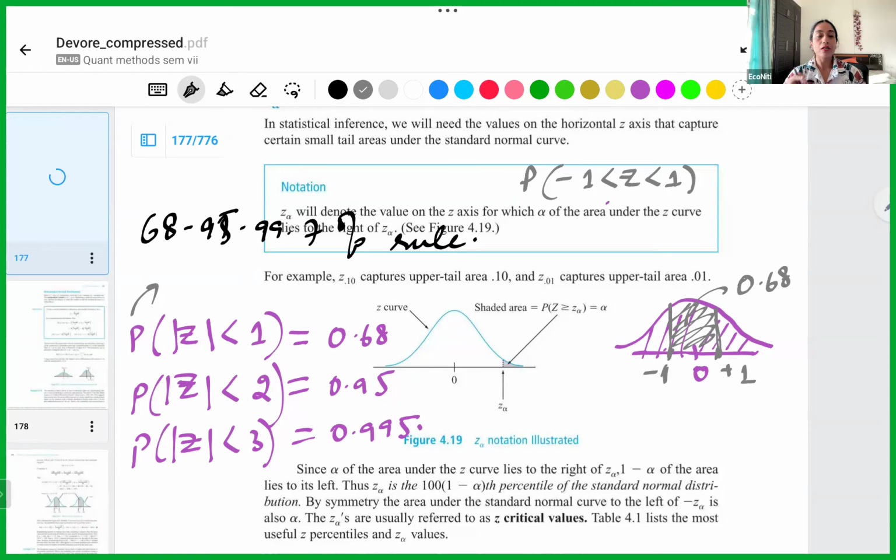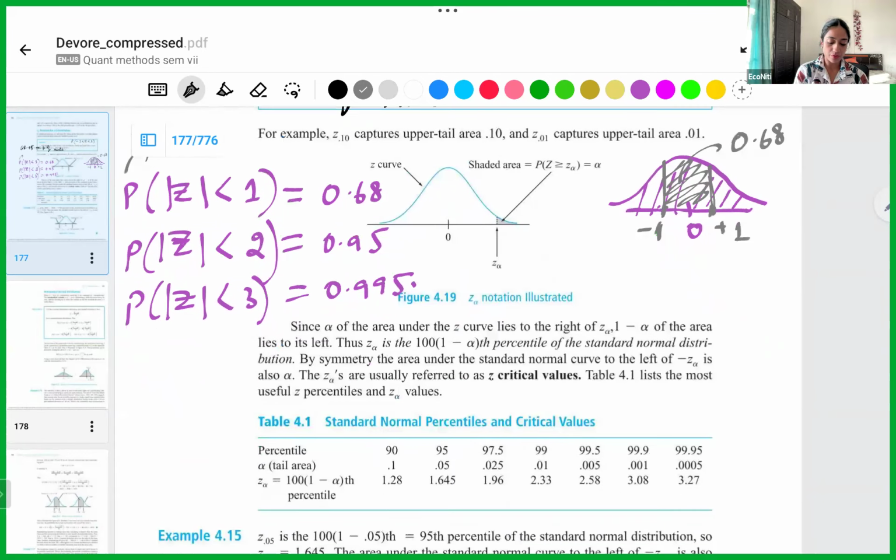And this is what? If your mean is 0 and your standard deviation is 1, this is essentially saying that the probability that your random variable will lie within one standard deviation. One standard deviation कितना है? One ना? Will lie between one standard deviation around the mean is 68%.